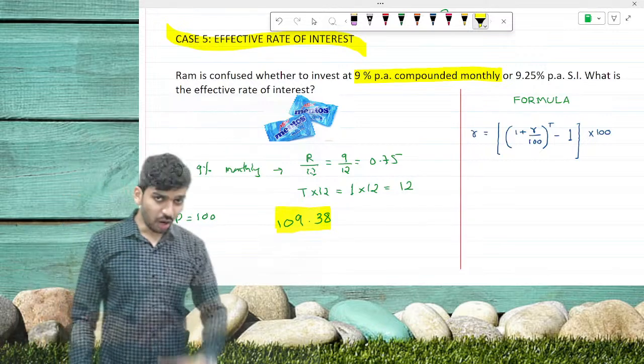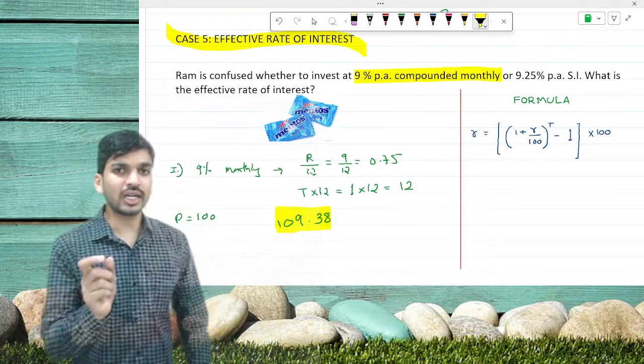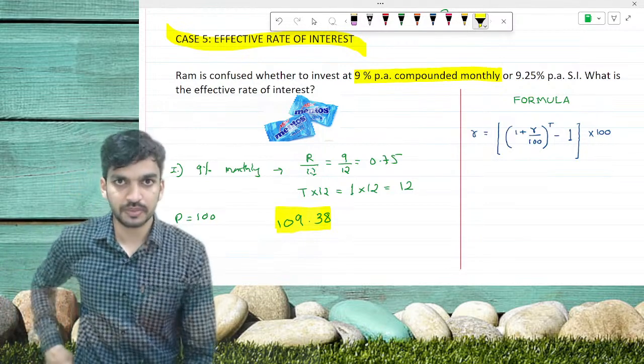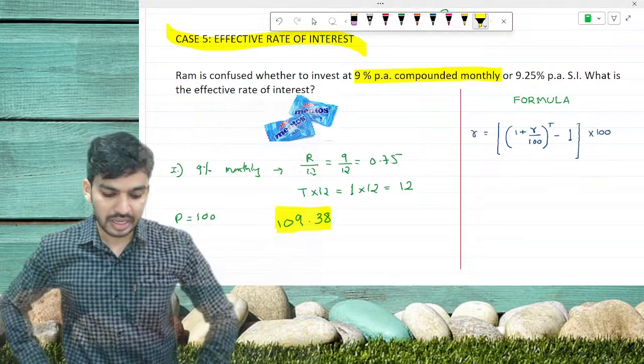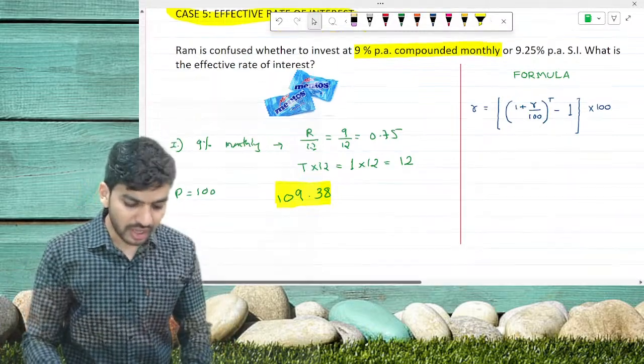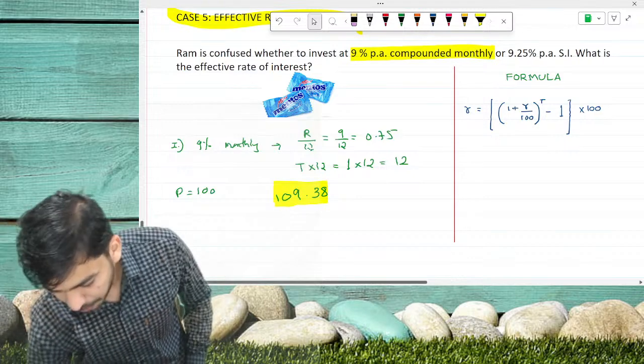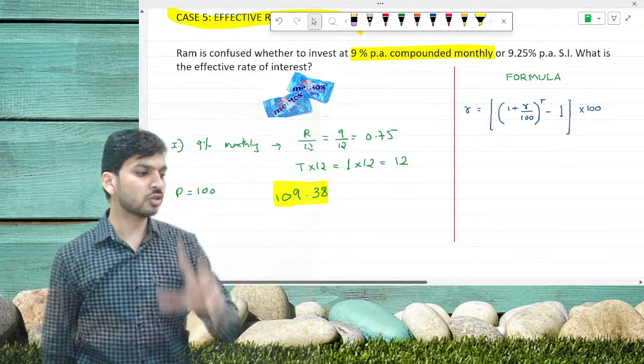Yes. Now we need to find out the effective rate of interest for simple interest. First of all, did you understand this part?